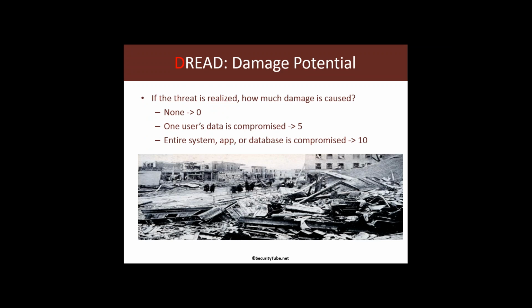Is he going to get privileged access, user level access? Is he just going to get some information about us? How bad will it be? That's the D, and it's on a scale of 1 to 10. Full administrative access to the system or the app is a 10. User level access is a 5, right? To give you some gap there so you can figure out how bad this is.